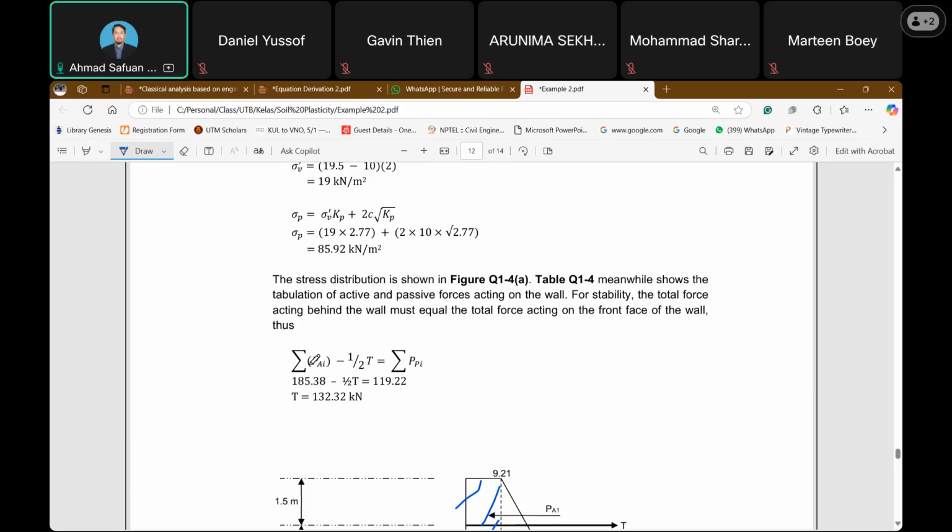So then the T is equal to 132.32. So that is for the tension of the anchor. So the value is 132.32. Any question?